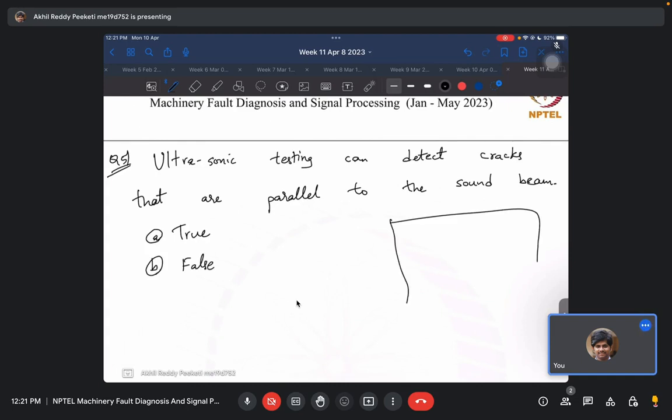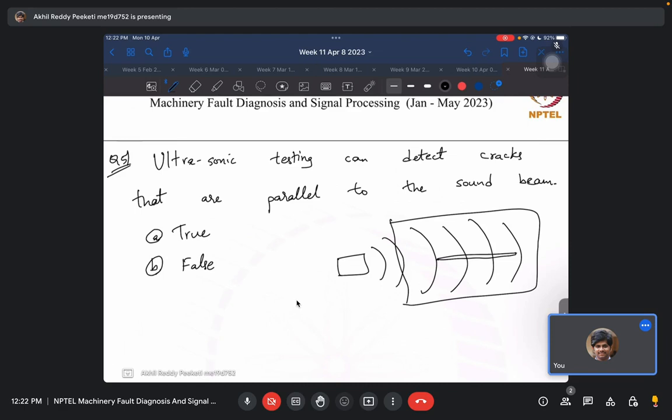So you have a system and your crack is exactly like this, and you're propagating the sound waves this way. Then you can't actually detect the crack. In that case, the ultrasonic testing will fail.